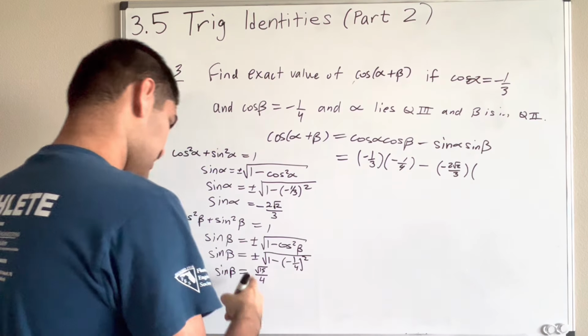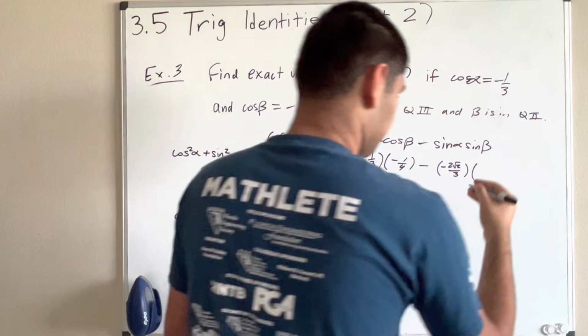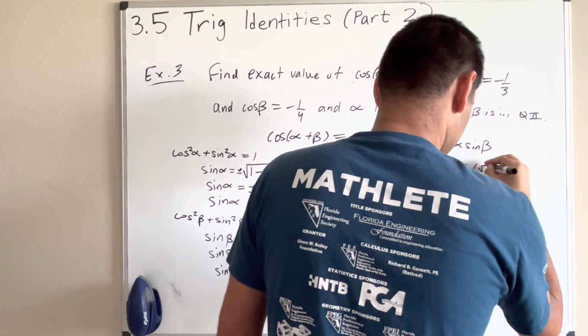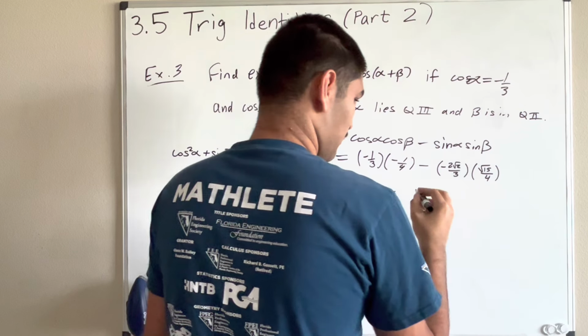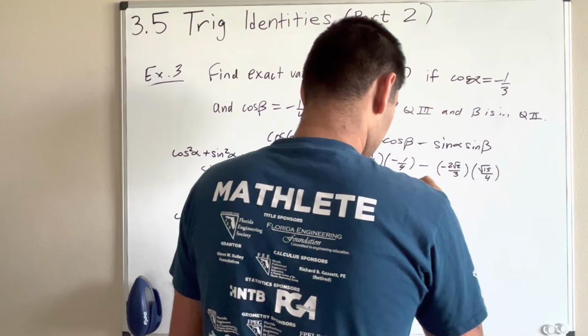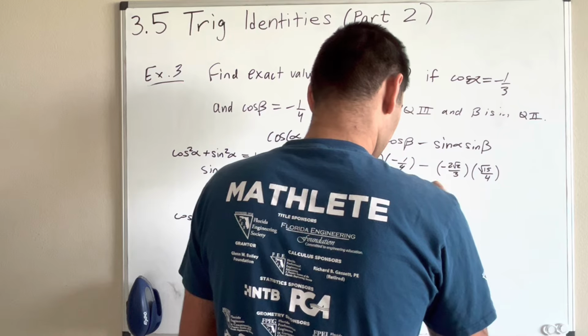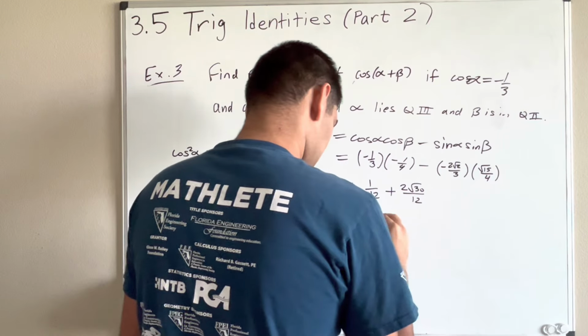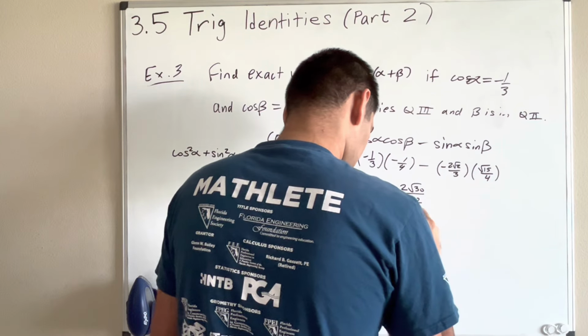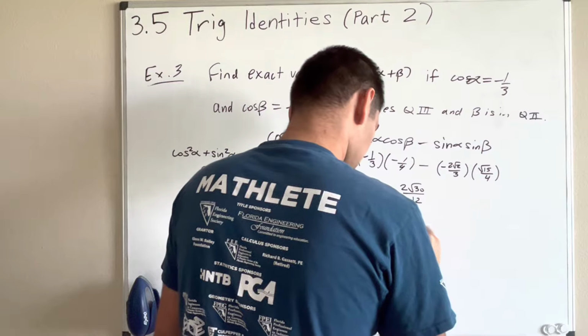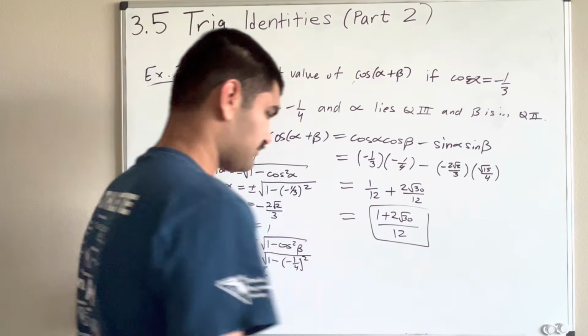And then sine of beta is square root of 15/4. So we can simplify this. We get 1/12 plus 2 square root of 30/12. And then making this one big fraction, we get 1 plus 2 root 30 all over 12.